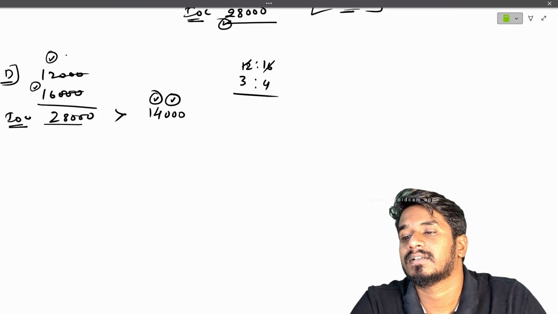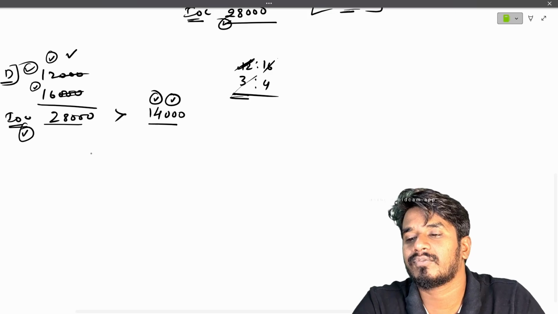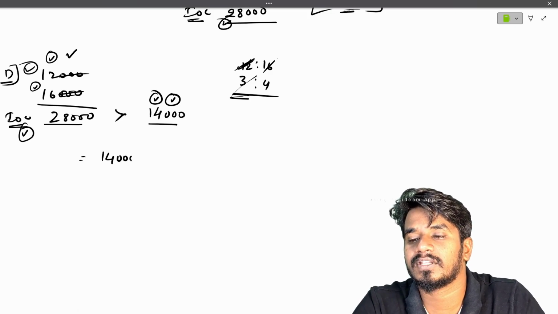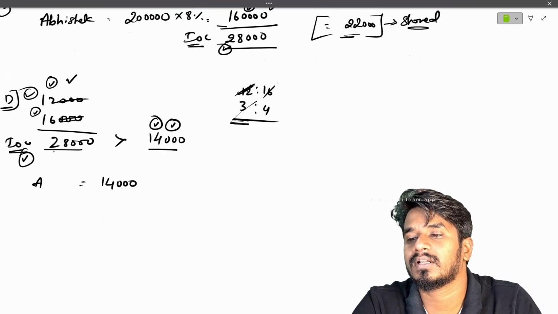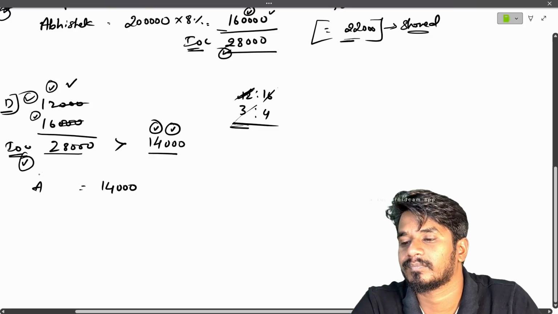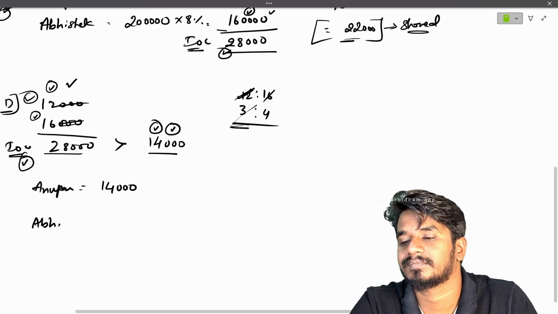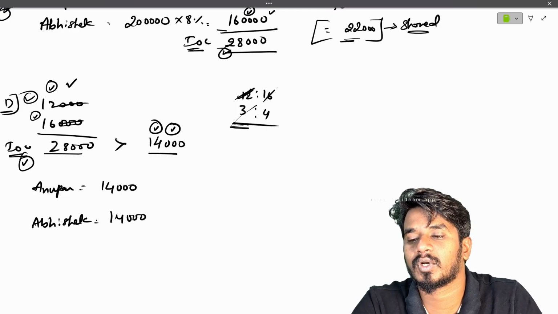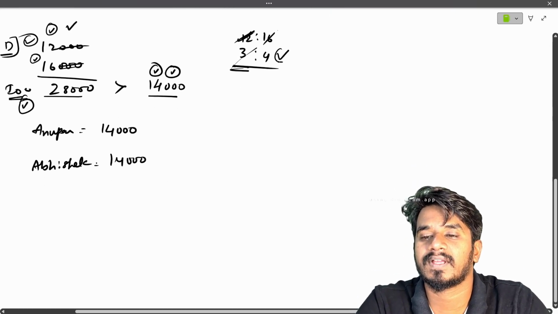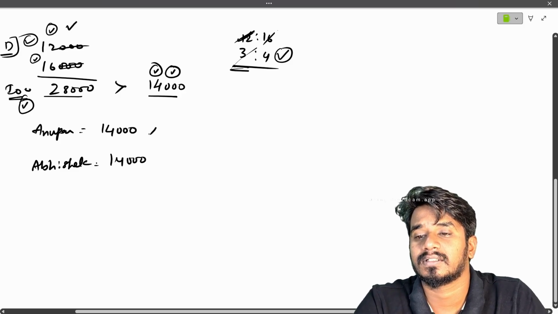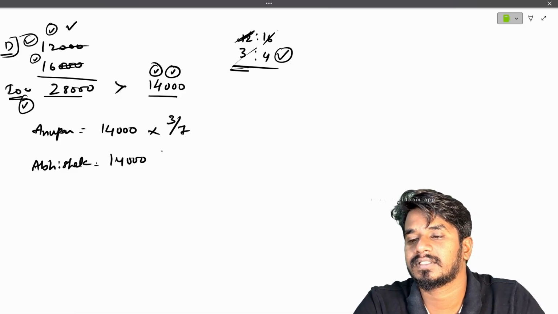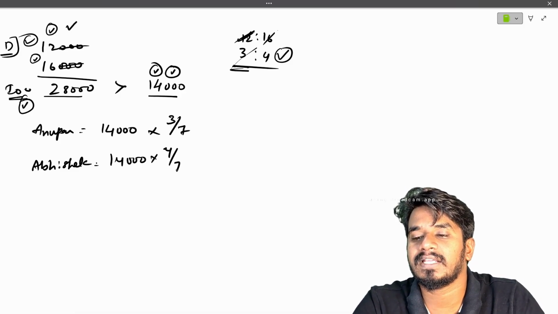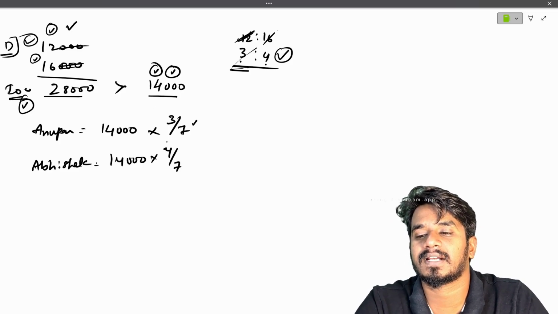Understood? So whatever 14,000 is there, for the partners Anupam and Abhishek, in this ratio only we have to share. I hope you are understanding. 3 by 7, 4 by 7. 3 plus 4 is 7, and 3 is to 4 is their ratio.